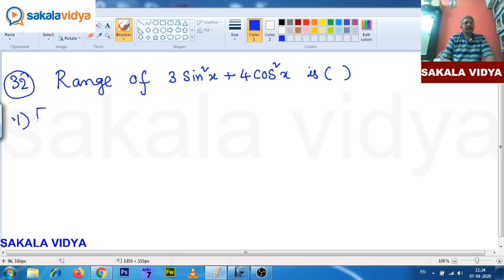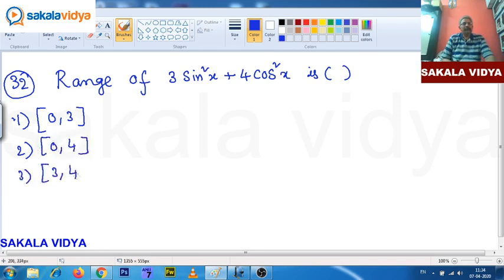First option 0 comma 3, second option 0 comma 4, third option 3 comma 4, all closed brackets only, sorry, not open. The fourth option we have minus 4 comma minus 3. This is the question.